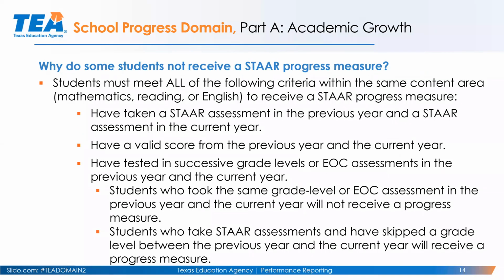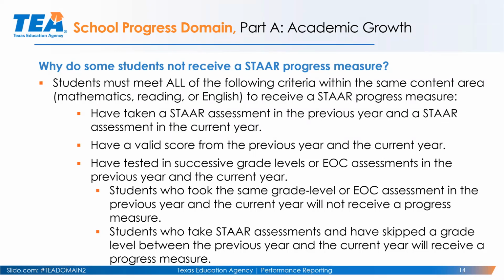So why do some students not receive a STAAR progress measure? Well, students must meet all of the following criteria within the same content area, math, reading, or English language arts, to receive a STAAR progress measure. First, they must have taken the STAAR assessment in the previous year and a STAAR assessment in the current year. So this means that a student must have taken the STAAR test in the state of Texas in the previous year and in the current year.